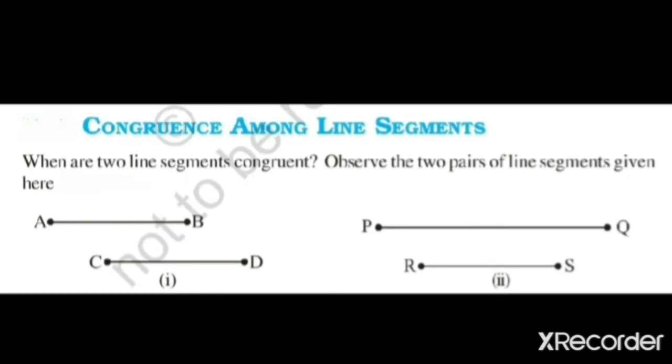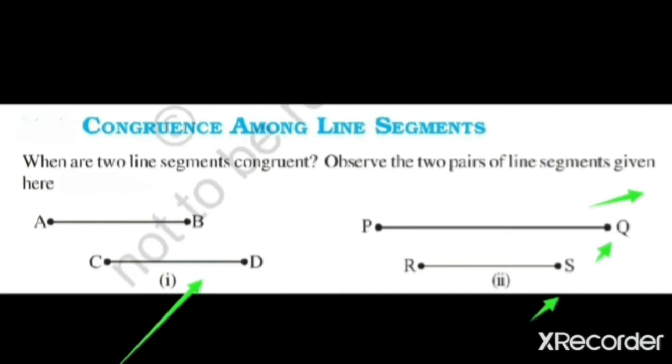Here we can say that line segment AB is congruent to CD, but PQ is bigger than SR. So these line segments are not congruent. In this way we can say that line segment AB is congruent to CD.